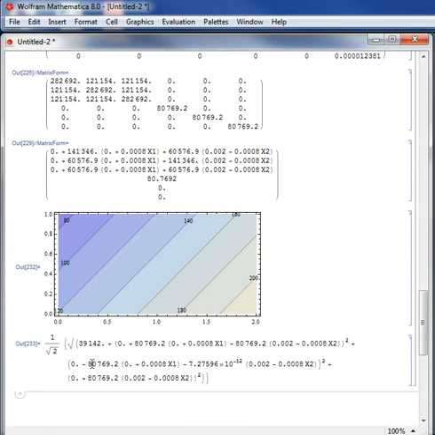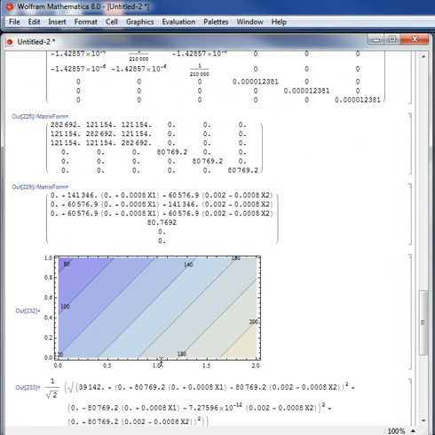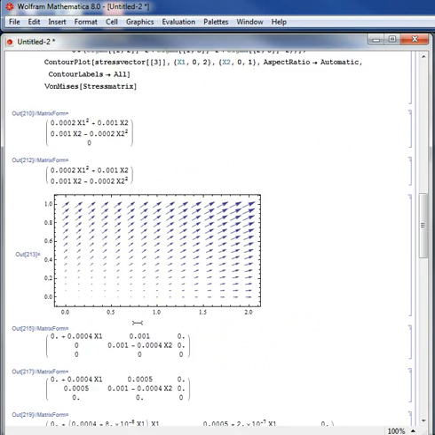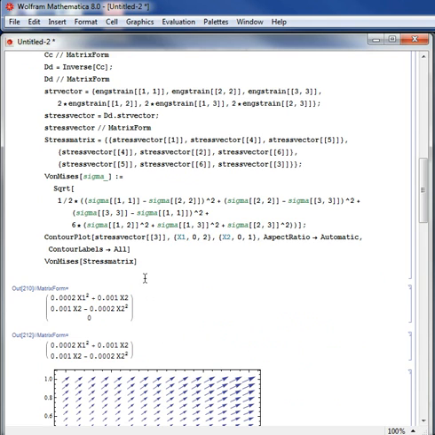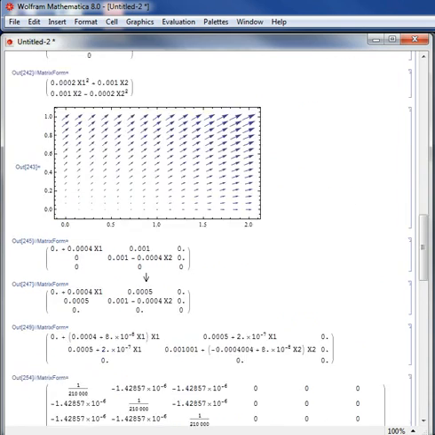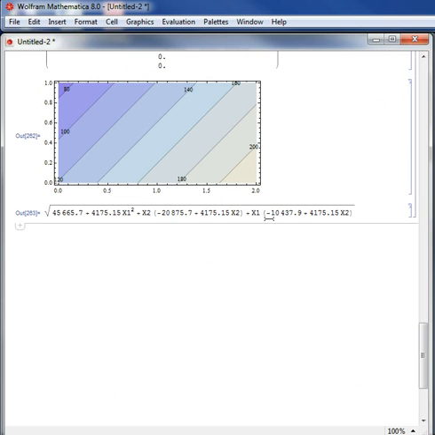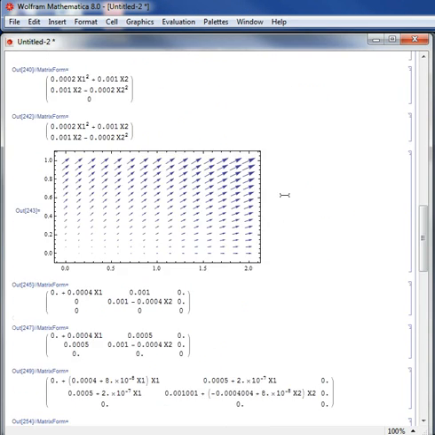Now you notice that it's a lot. I can simplify this value simply by saying full simplify the value, so full simplify whatever output is, shift enter, and here's the von Mises stress as a function of the components inside the plate, and I can plot these values in a contour plot.